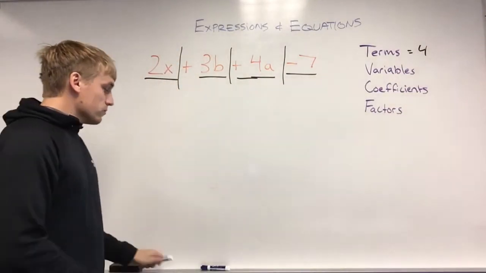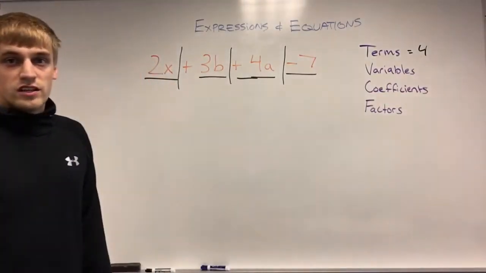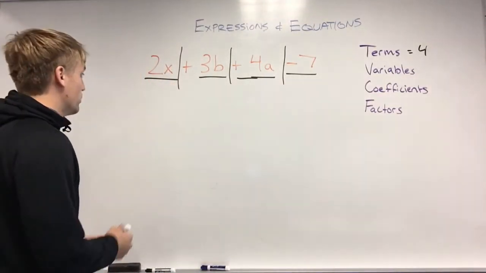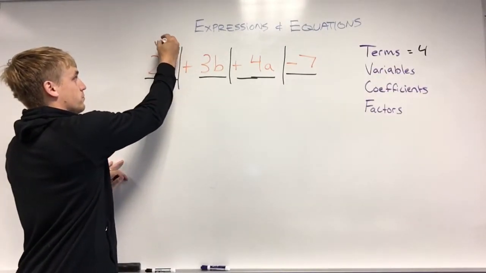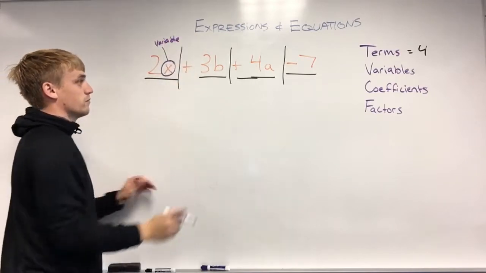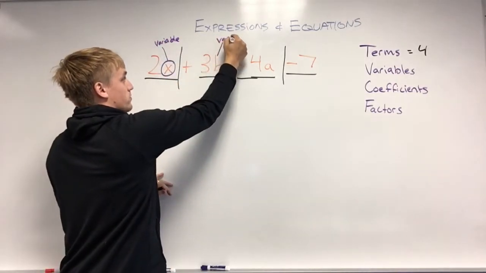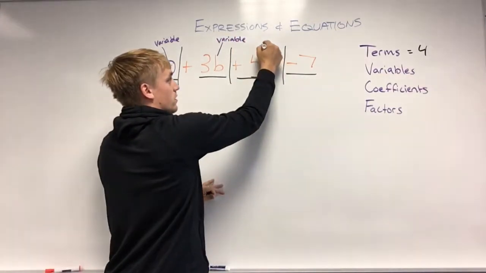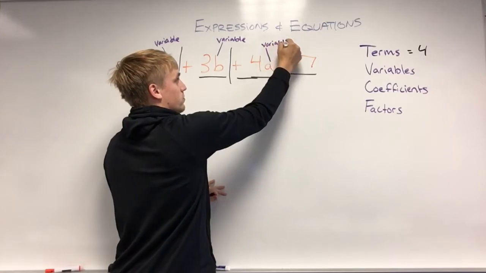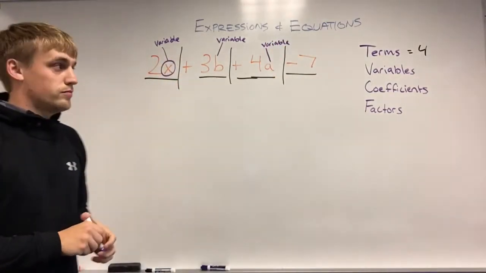Okay? Now, we want to find the variables. Variables are letters that stand for numbers. So this x is a variable. This b is a variable. This a is a variable. And there's no variables in that term.